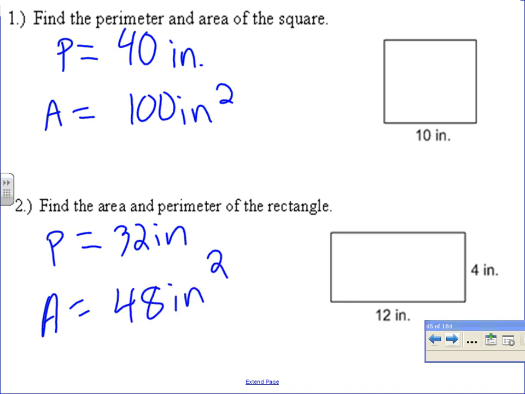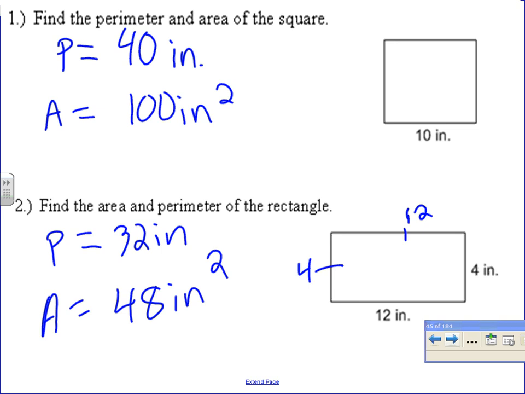Everyone, check over those. Annalise? For which one? Okay, for perimeter? Okay. Anyone else on 1 and 2?